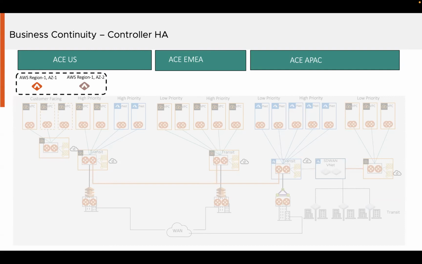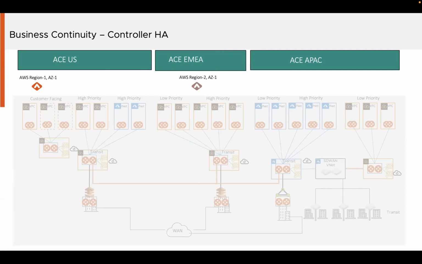So that's all good. But what if you are planning to have this kind of redundancy or business continuity for the Aviatrix controller across multiple regions? At that point, you want to make sure that you have a cold standby Aviatrix controller available in a different region.